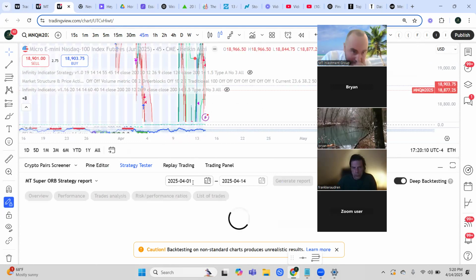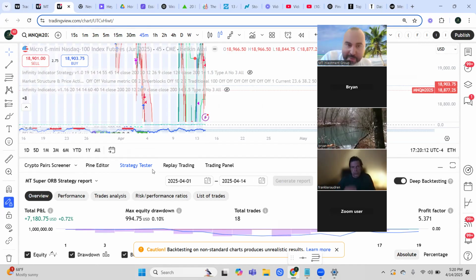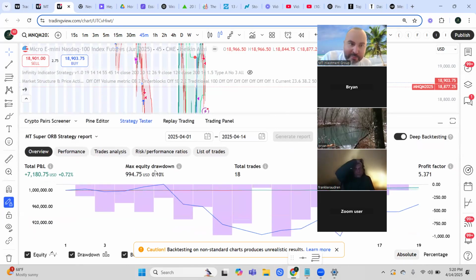Obviously, NQ has bigger drawdowns and bigger gains, very similar to the ES. For those of you that aren't aware, NQ is your NASDAQ futures, while ES is your SPY futures. And this is the 45-minute chart.